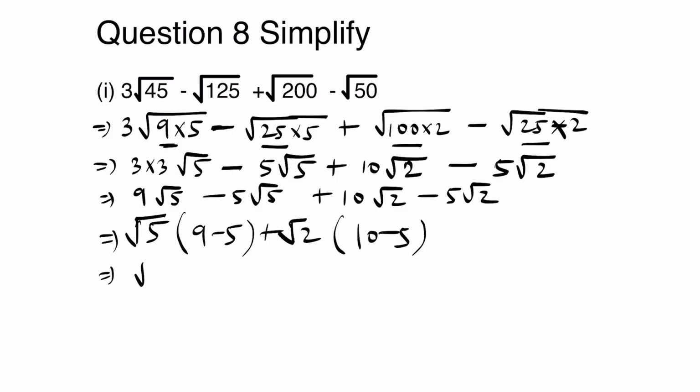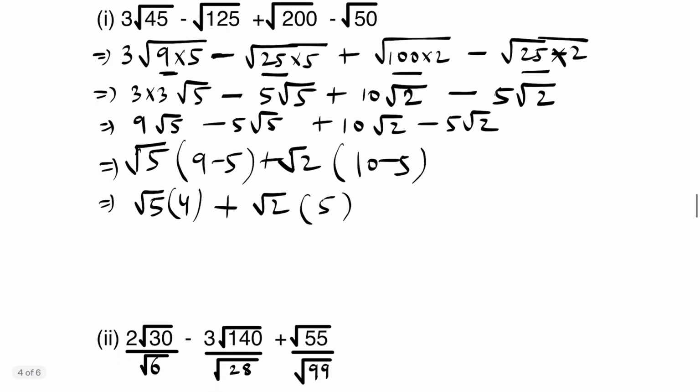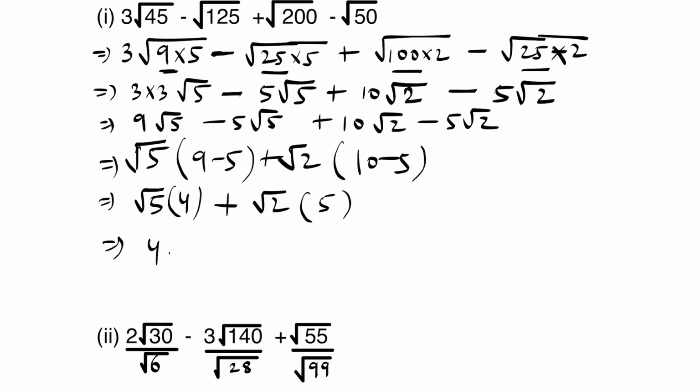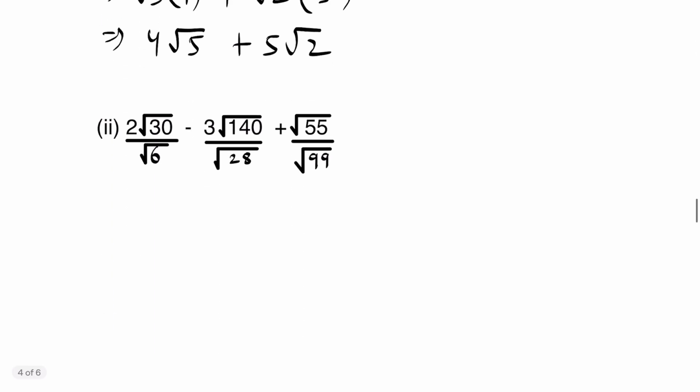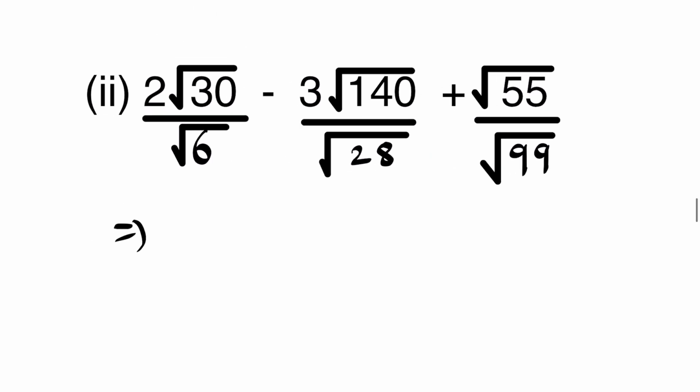Okay, so this will become 4 root 5 plus 5 root 2. So the answer is 4 root 5 plus 5 root 2. Now the discussion again. So again, rearrange with those numbers which are easy to cancel out each other.